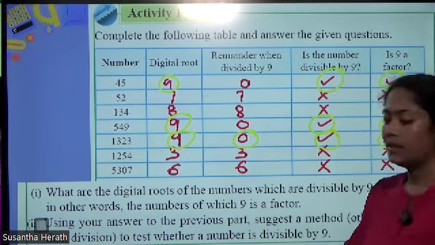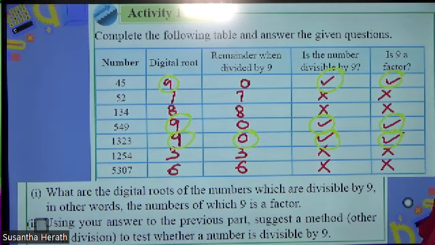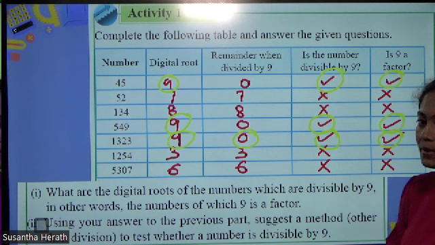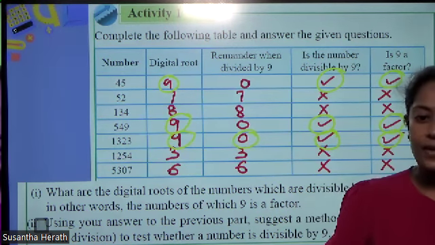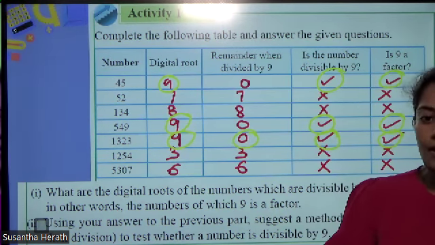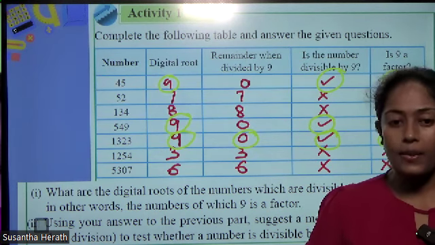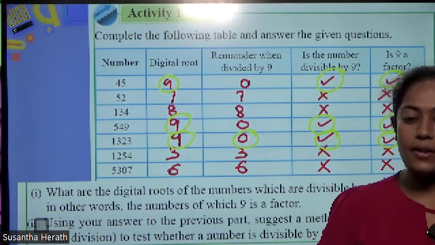Right? Then using your answer to the previous part, suggest a method other than division to test whether a number is divisible by 9. What can you say? Now without dividing, we can find whether the number is divisible by 9. How can we check?